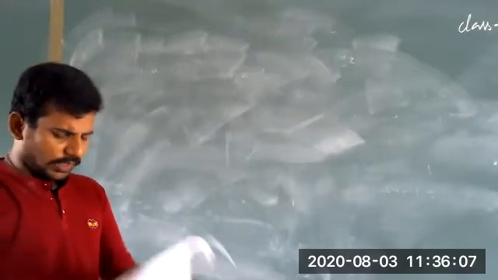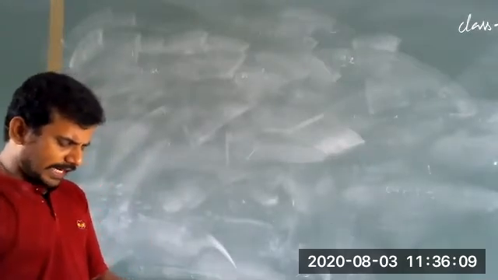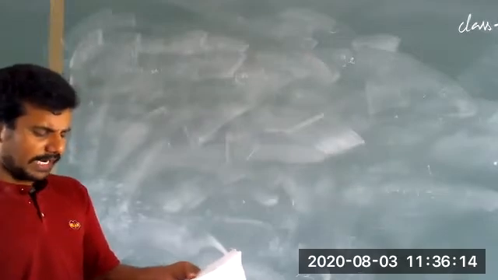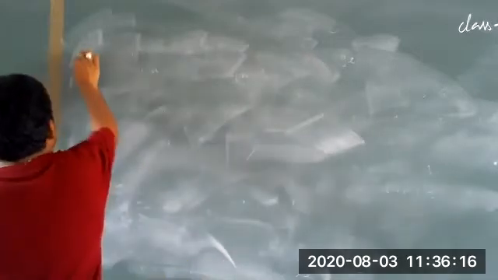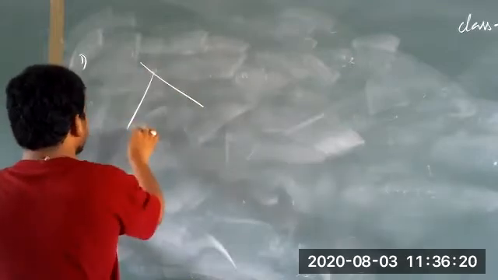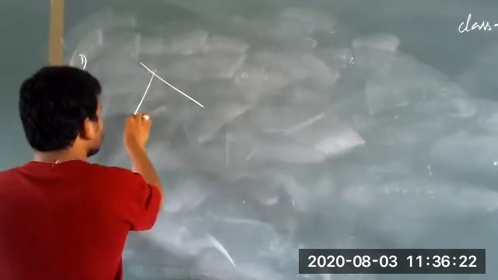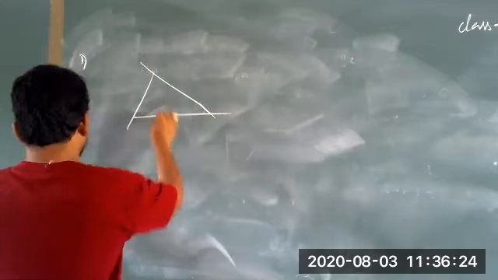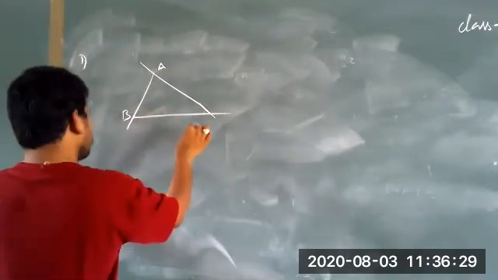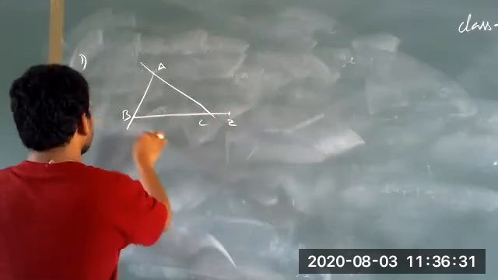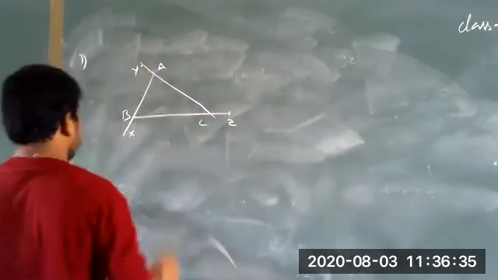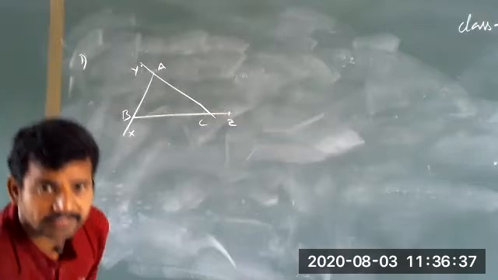In exercise 4, first problem: in triangle ABC, name all the interior and exterior angles of the triangle. They have given the diagram like this.